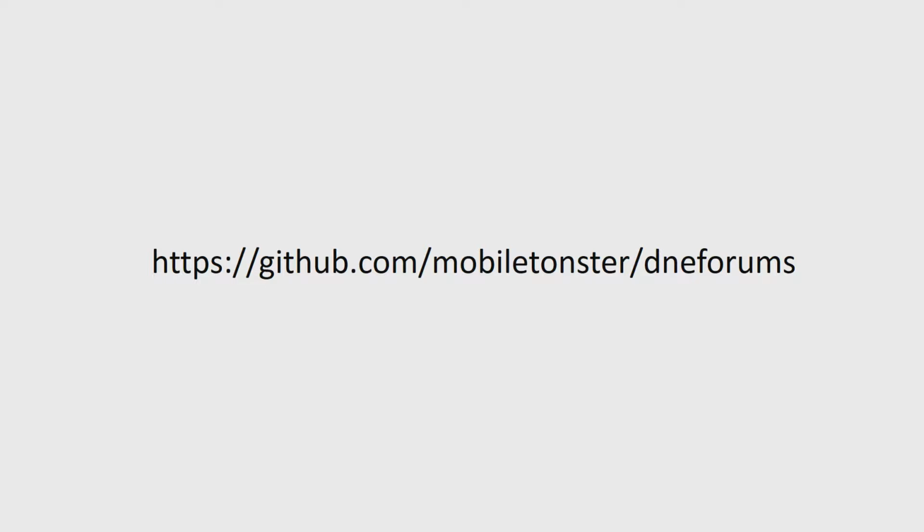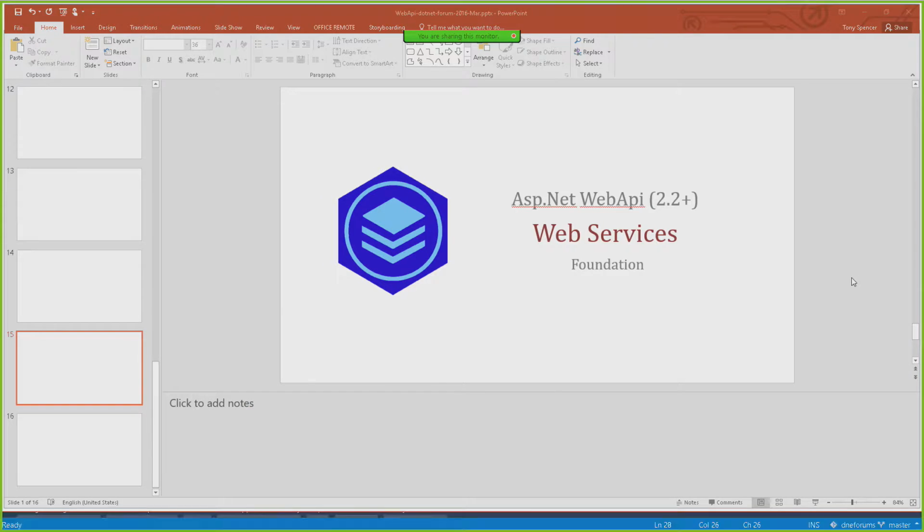So today we're going to build on top of that and build the web API layer of that project. So if you want to pull this down sometime and look at it and critique it and tell me what I've done wrong, that's awesome. You can do that. So that's where it's at.